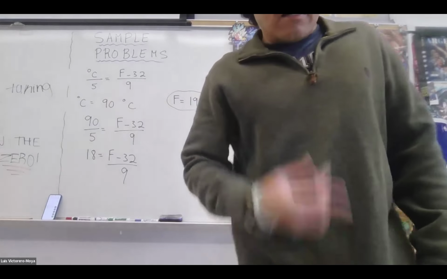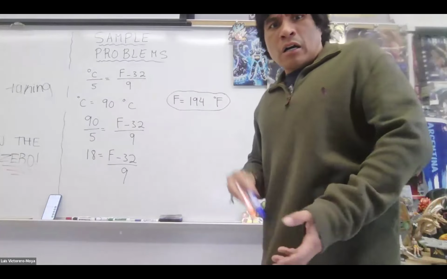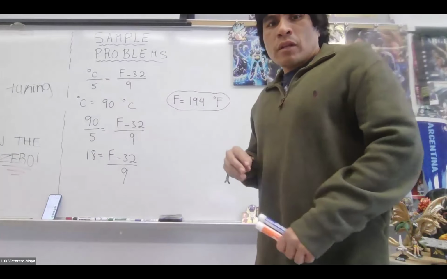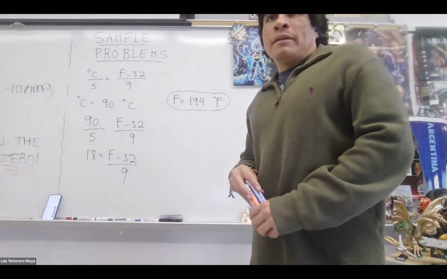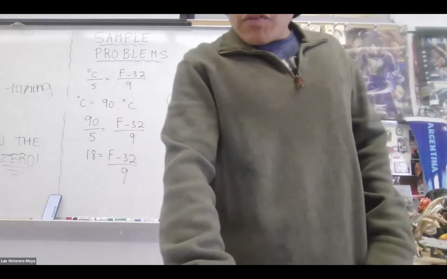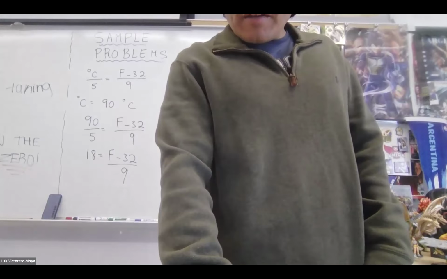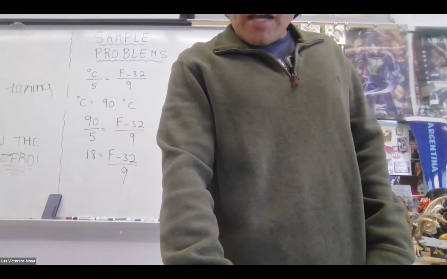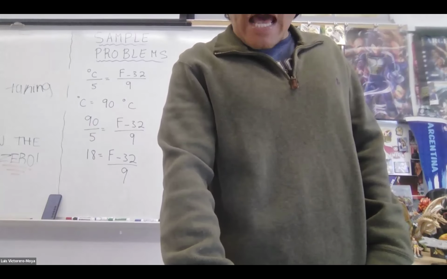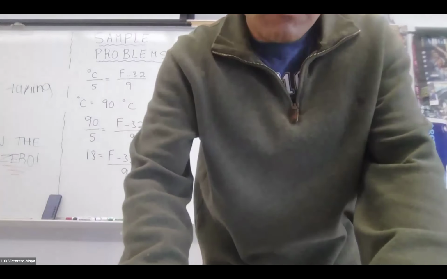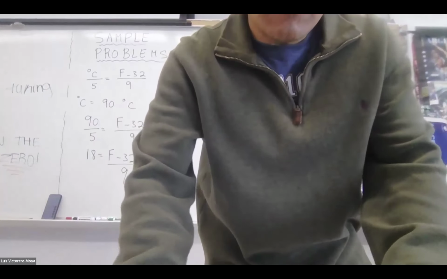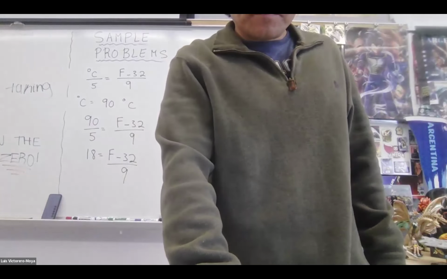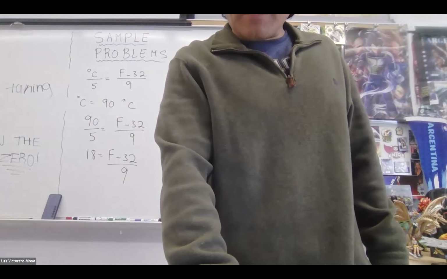Let's find the number of moles given the mass of an element. We used oxygen already. Let's use iron. Iron has 56 grams per mole.